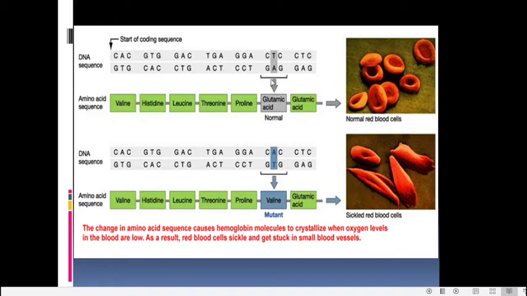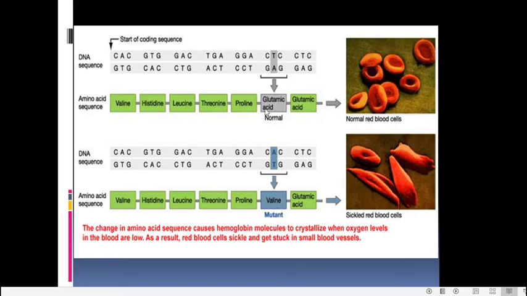So here A has been replaced by T, and when it undergoes transcription, an mRNA will be produced, and the mRNA will undergo translation. And during this time, in the sixth position of the beta globin chain, instead of glutamic acid, it is valine which is incorporated, which will lead to an abnormal beta globin chain of hemoglobin.